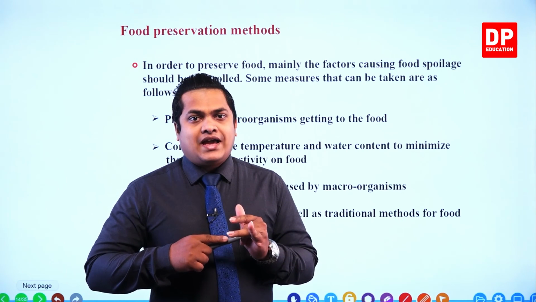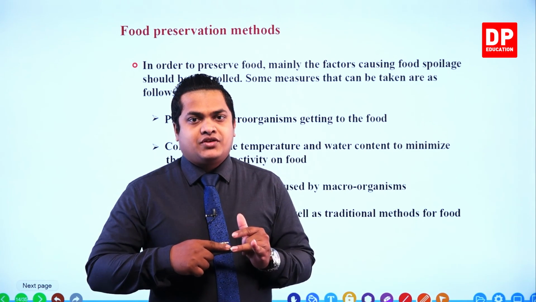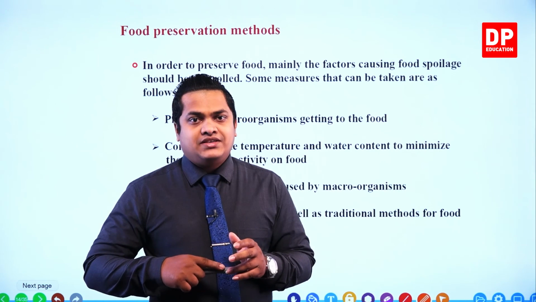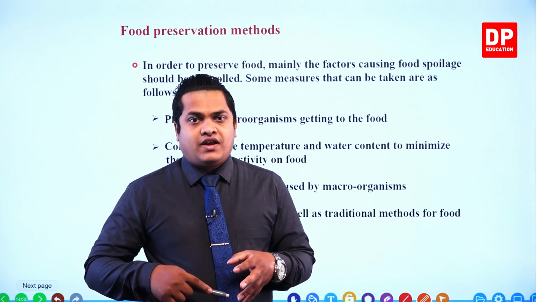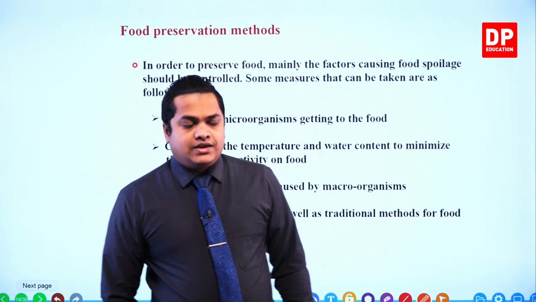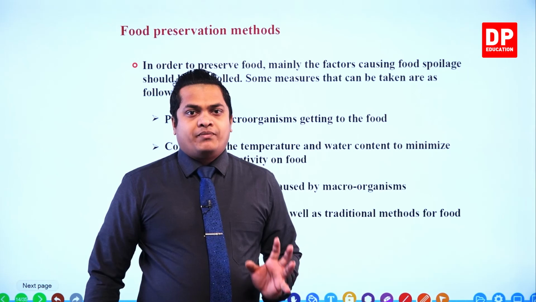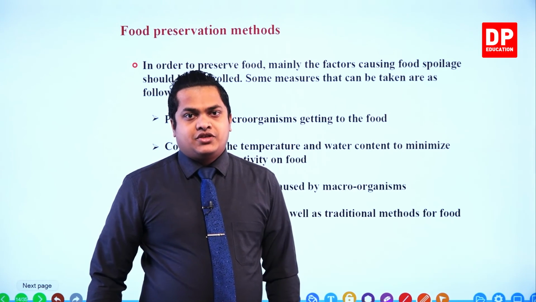Prevention of action of macroorganisms on food. Examples: action of houseflies, fruit flies, insects and weevils. Right, so these are the methods that we can follow to stop food spoilage, my dear children.